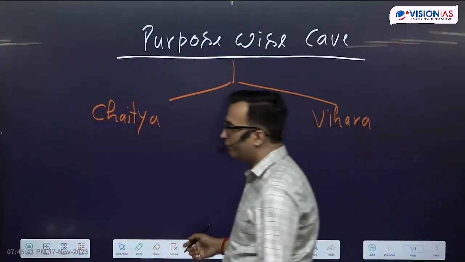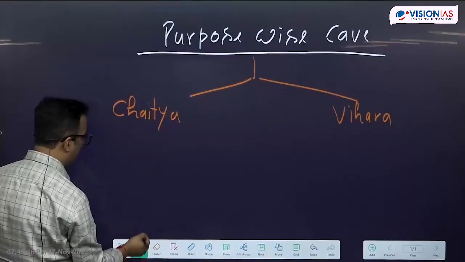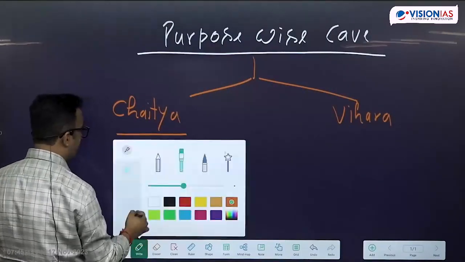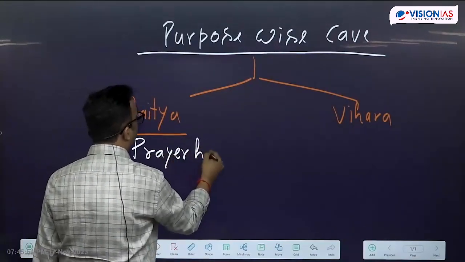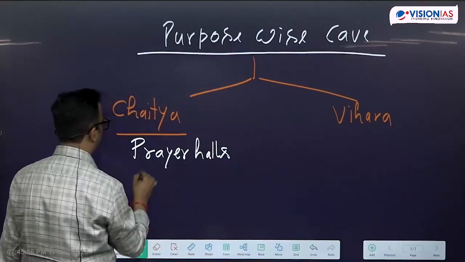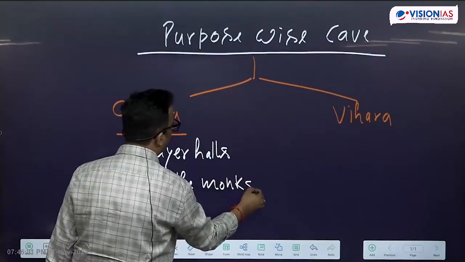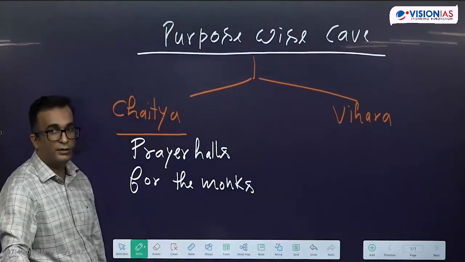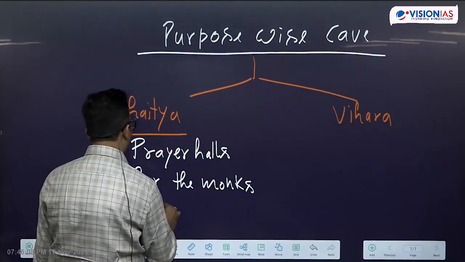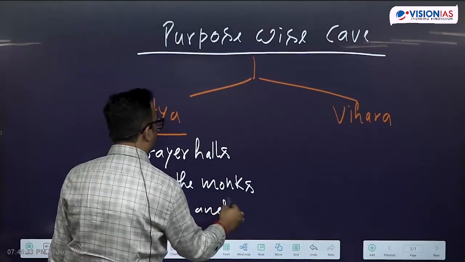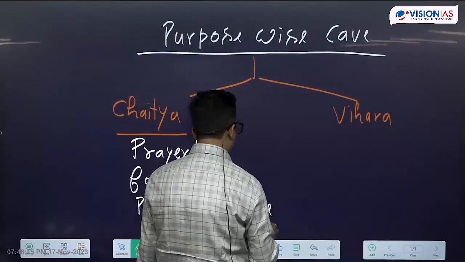So chaitya: these caves, इसमें साथ में ही लिख लो, these caves were prayer halls for the monks, which included pillars and votive stupa. Now you're understanding?